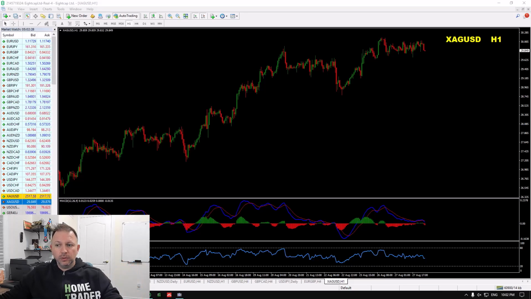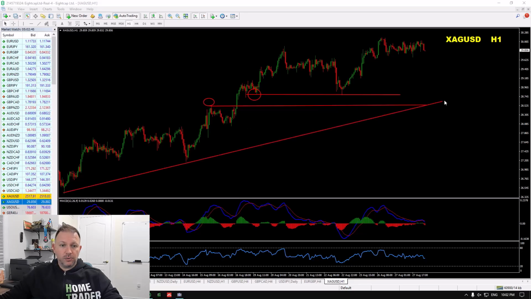In that case, you will want to see that the key levels are holding. In our case, this is a strong support, strong demand area. This is a broken resistance that now acts as the support. This is a rising trend line which is holding. So the structure is there.